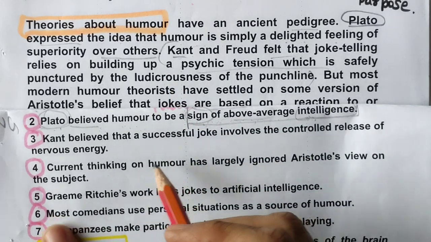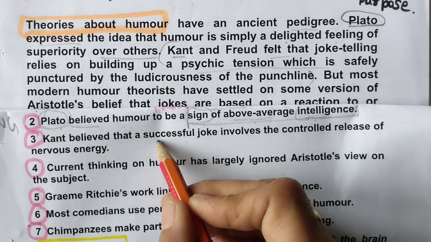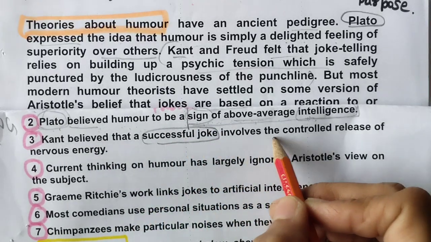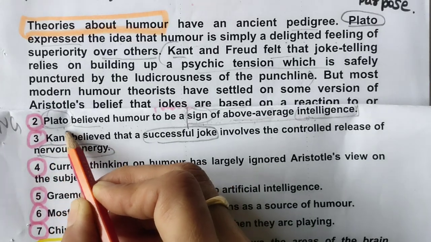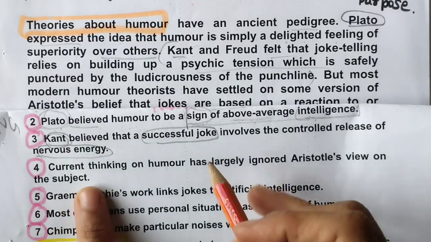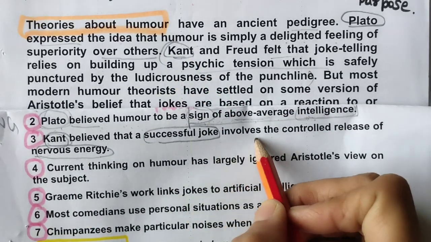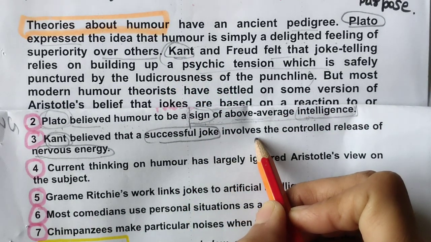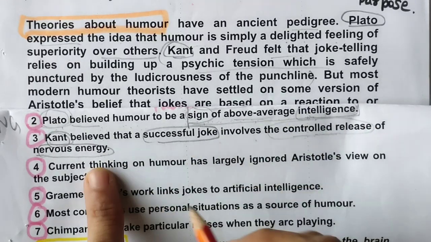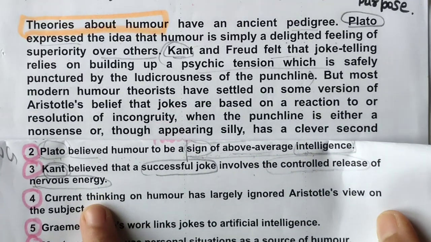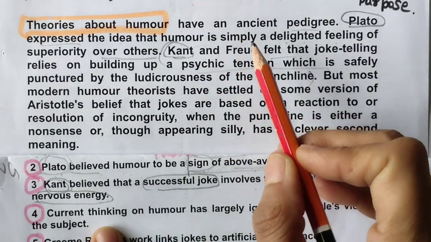Third question, Kant believed that a successful joke involves the controlled release of nervous energy. Okay, now first I will try to find this person's name and I can see it over here. Kant is here.